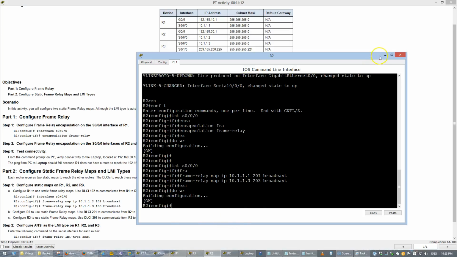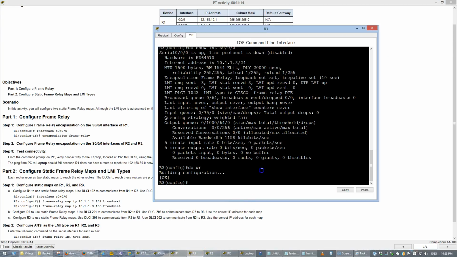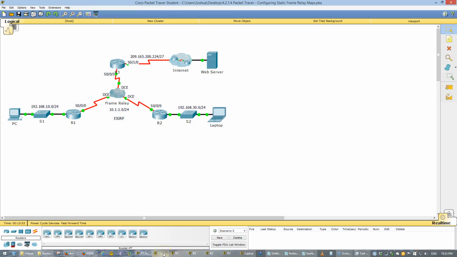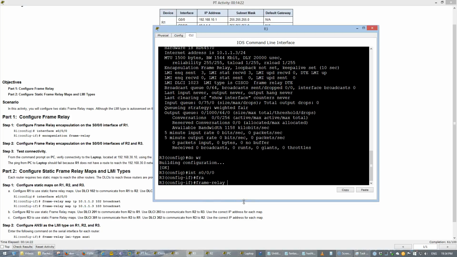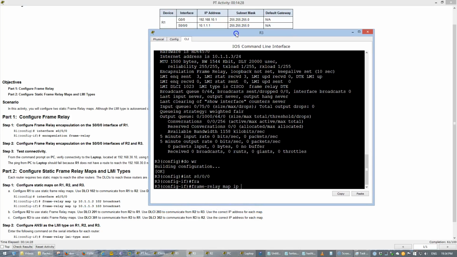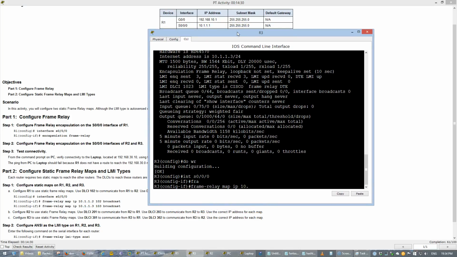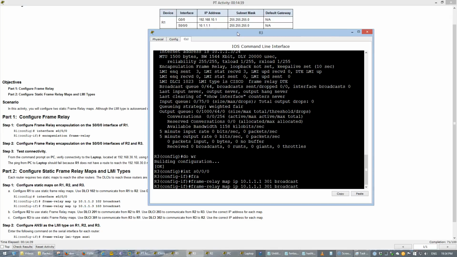Now moving on to R3. Set the 0/0/0 interface here. Frame relay map IP 10.1.1.1 DLCI 301 broadcast, and then the same for router 2.